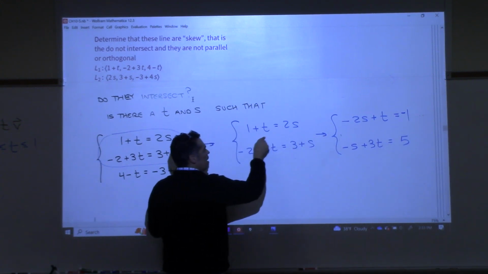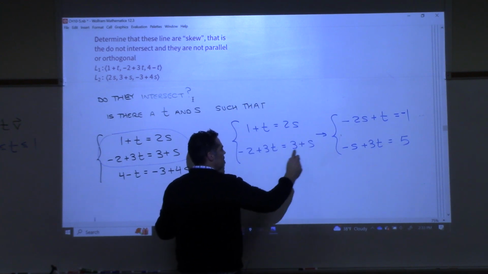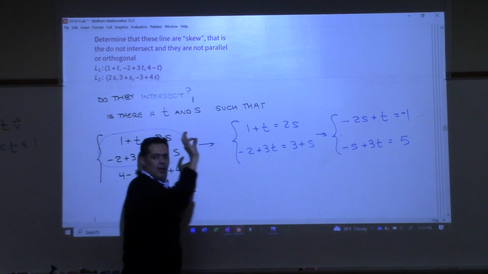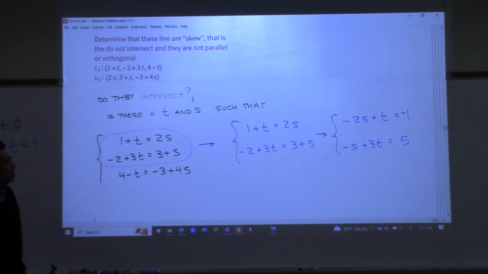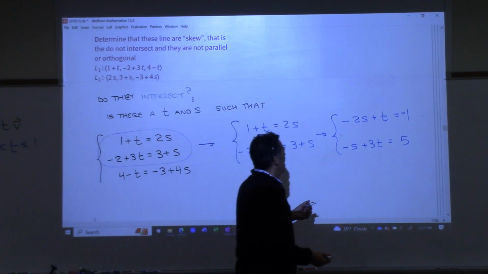All right, so bring your 2s over. Take your 1 to the other side. It's our first equation. Here, bring this s over. Leave the 3t. Add 2 to both sides. Y'all okay with that? 2 by 2. 2 equations, 2 unknowns. I'm going to use elimination just because I favor elimination over substitution. I have choices here.